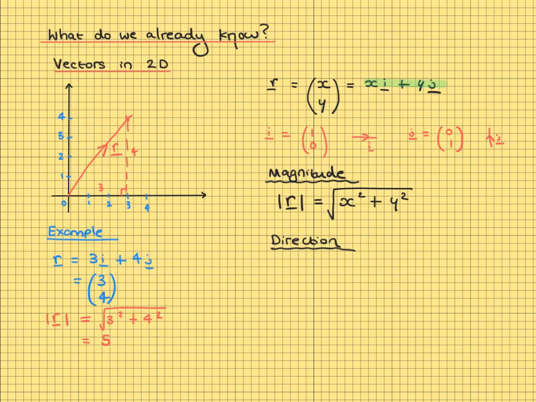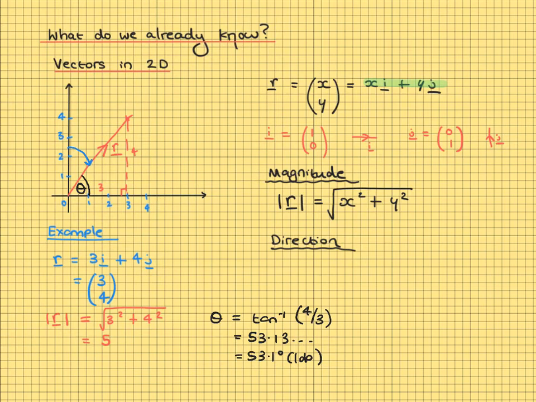To provide the direction of this vector, I might calculate this angle here, for example, which I can do very easily using some basic trigonometry. Theta is equal to tan to the minus 1 of 4/3, which works out to be 53.13 degrees, 53.1 degrees to 1 decimal place. If I wanted to, I could work out the bearing by subtracting this angle from 90 degrees.